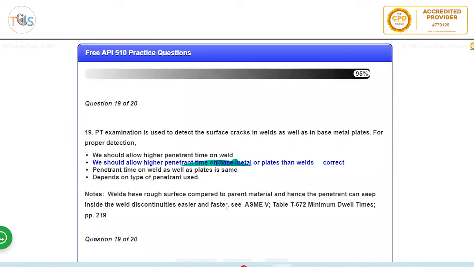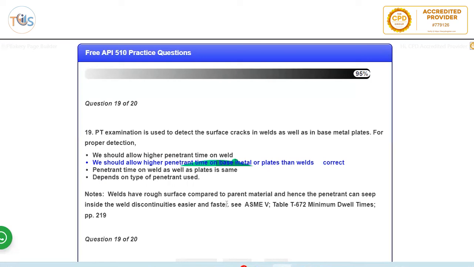PT examination is used to detect surface cracks in welds as well as in base metal. For proper detection, we should allow higher penetration time for base metal or plates than welds. The reason is that the base metal is very smooth, whereas the weld invariably has ripples and is not as smooth as the base metal.